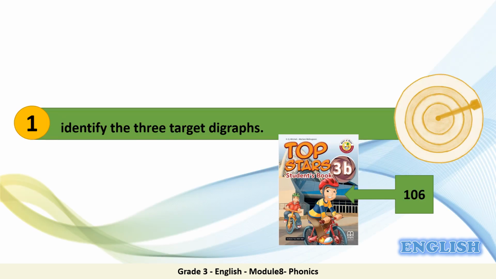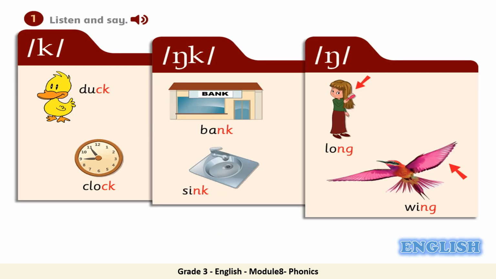We are going to identify the 3 target digraphs. To do that, I would like you to keep your student's book open to page 106. Have a look at activity 1. Listen and say. Module 8. Phonics. 1. Listen and say. K. K. Duck.